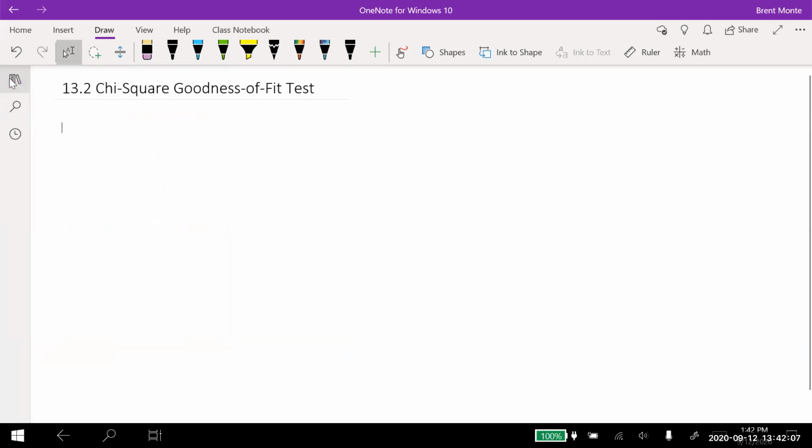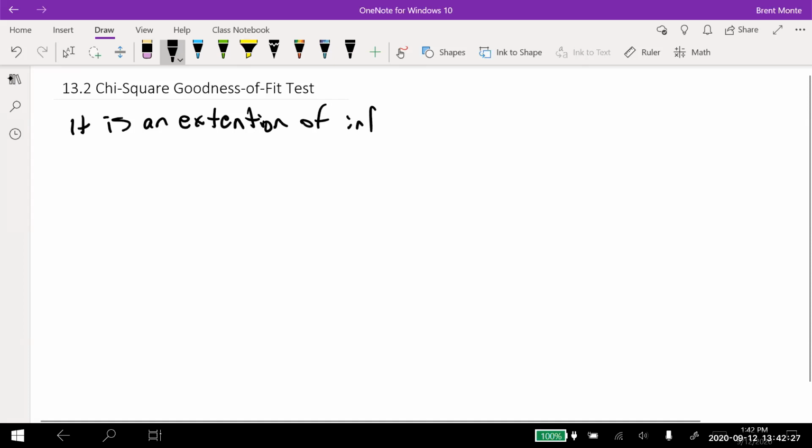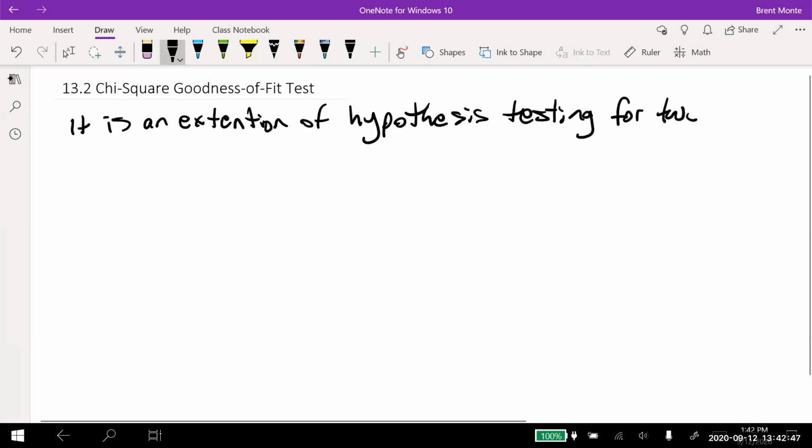And so it's the chi-squared goodness of fit test. So when would we use this test? Well, it is an extension of hypothesis testing for 2 population proportions.